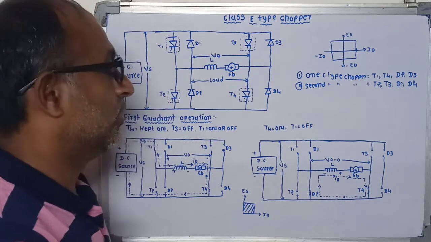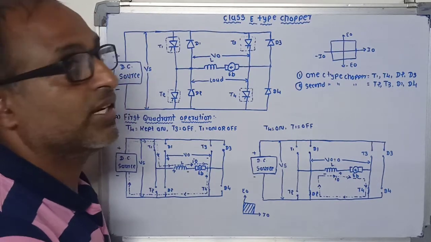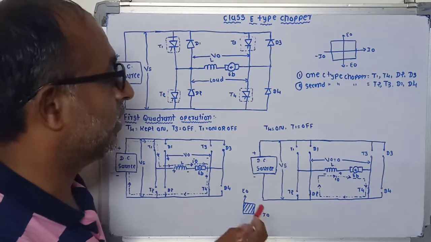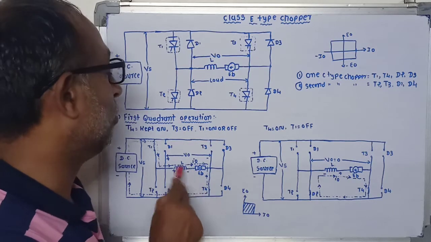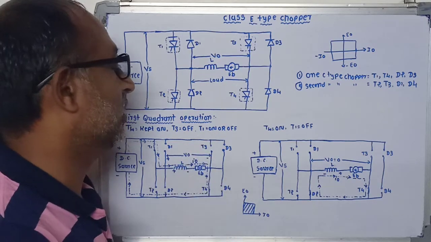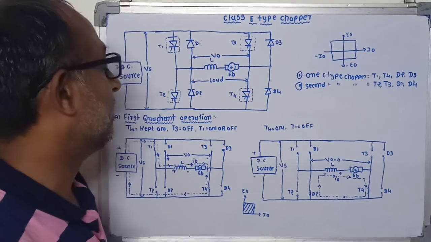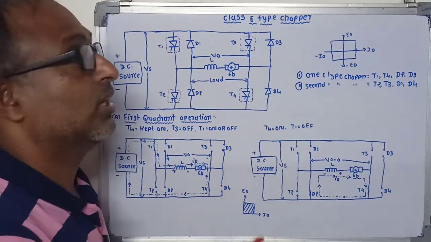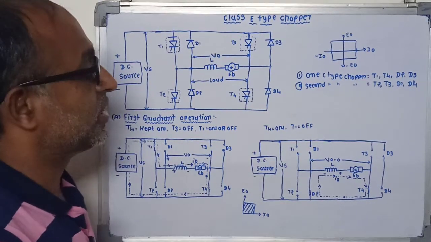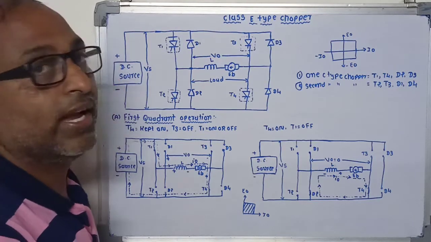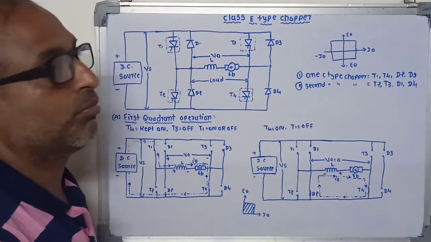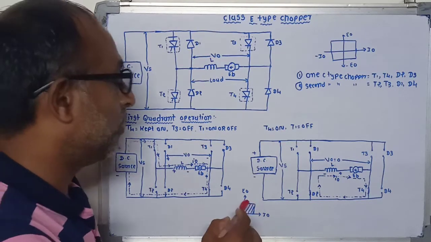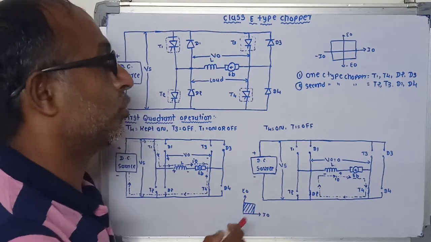Here the direction of current is similar to the current passing through the load when thyristor T1 is on. So you can say that in both conditions the output voltage is positive and the load current is also positive. That means it is operated in the first quadrant.